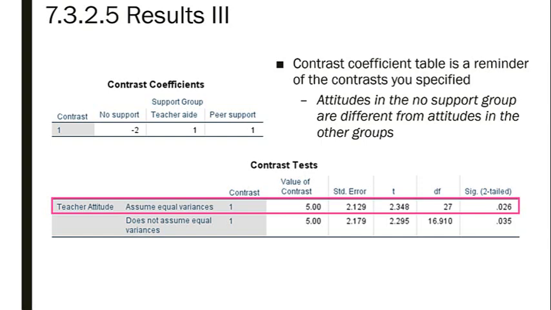And what that result indicates is that the contrast that we tested is statistically significant. So that's an indication that our specific alternative hypothesis, that no support produces different attitudes than some support, is a better description of these data than the null hypothesis that all groups are equal.